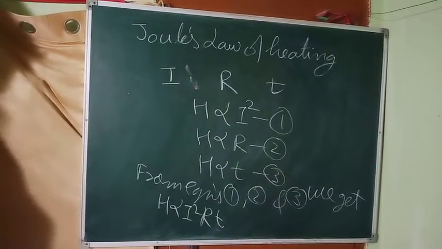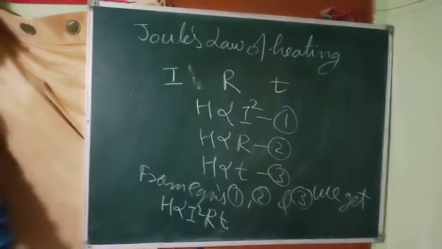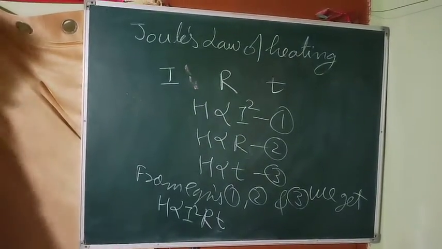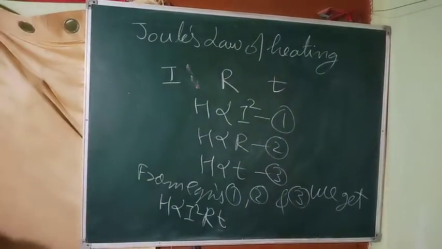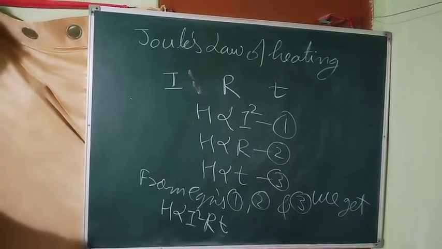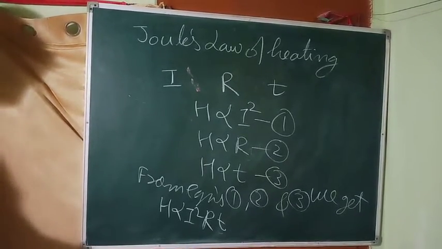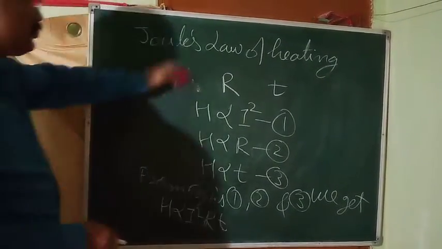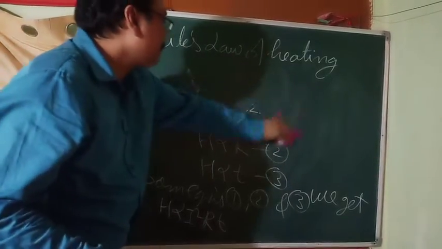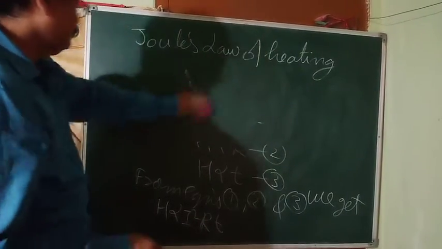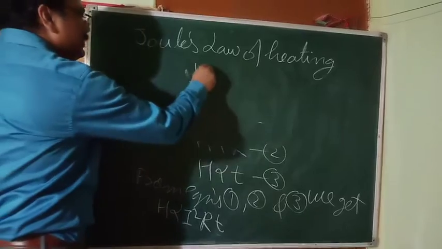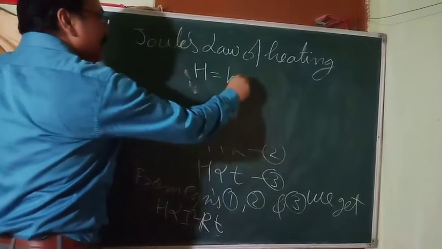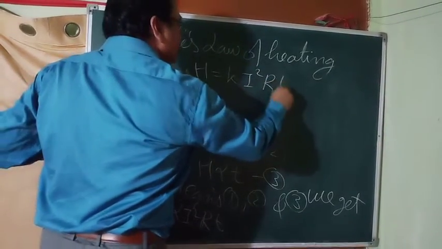And you know very well, whenever there is a proportionality, we can replace it by equality, but we have to place a constant, that is the constant of proportionality. Obviously, we are going to do the same thing here also. H is equal to a constant K, I square RT.